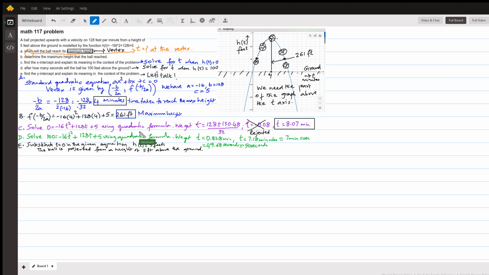And remember, the question tells us the significance. When the ball is being projected upward, it is leaving at a height 5 feet above the ground. Like the person lifts his hand and tosses the ball, so maybe that height from the hand to the ground is about 5 feet. So that's what it is. This was a very interesting question.